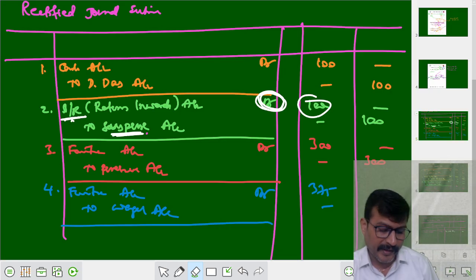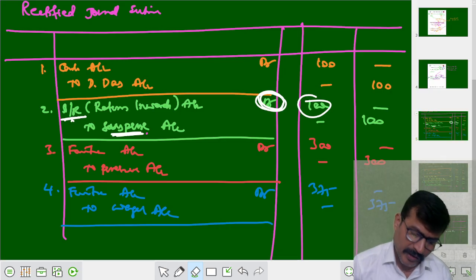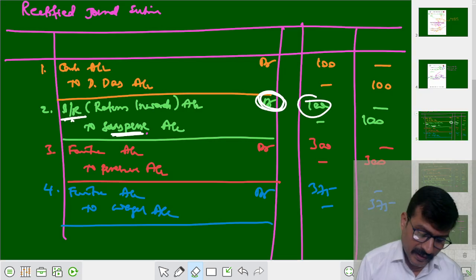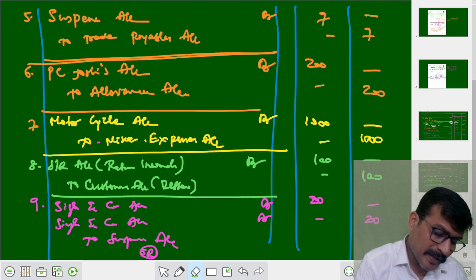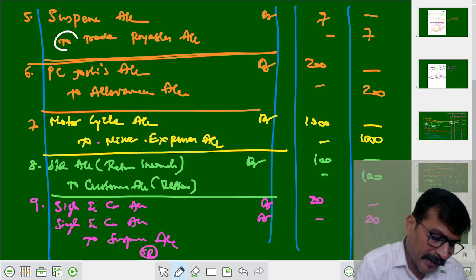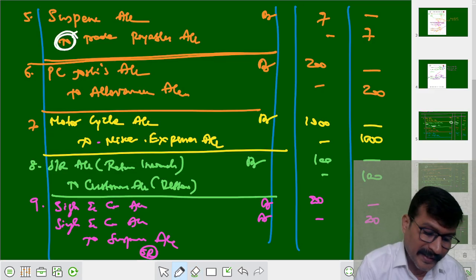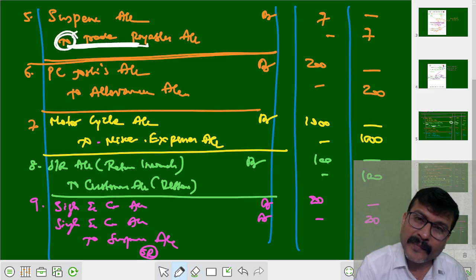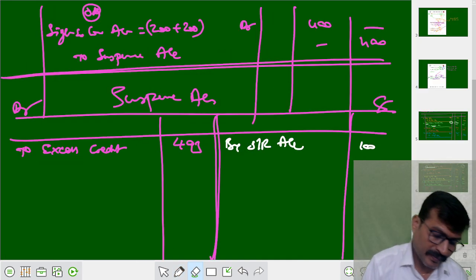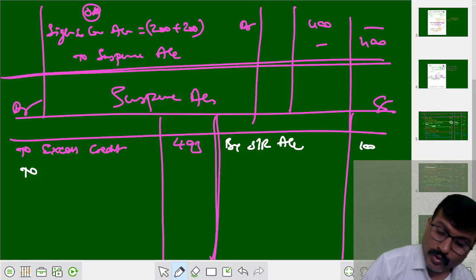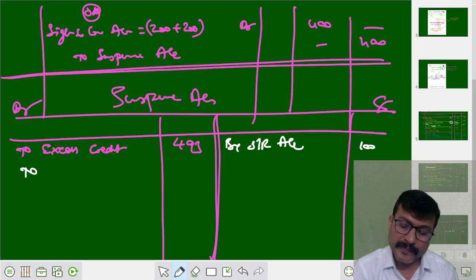Likewise, we have to read every transaction. In third entry, note there is no suspense. In fourth entry also no suspense. See the fifth entry. Suspense account debit to trade payable. To trade payable means it is in the credit of journal. When it is in the credit of journal, it goes to the debit of ledger as 7 rupees. To what account we have to write?